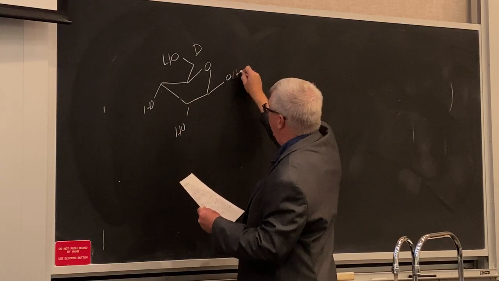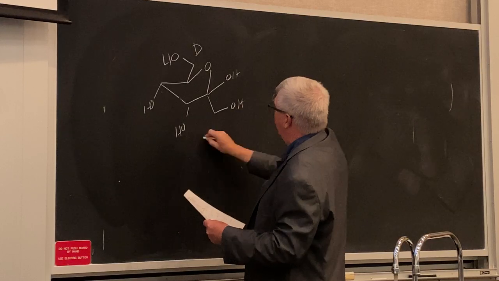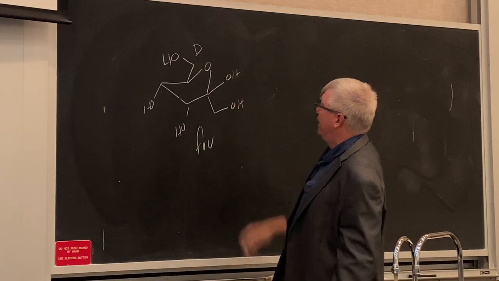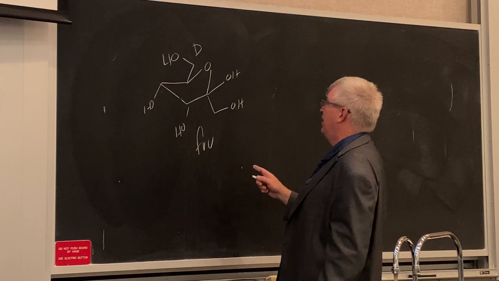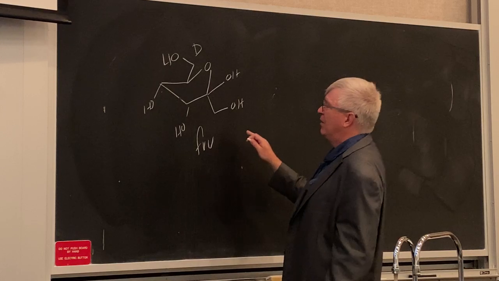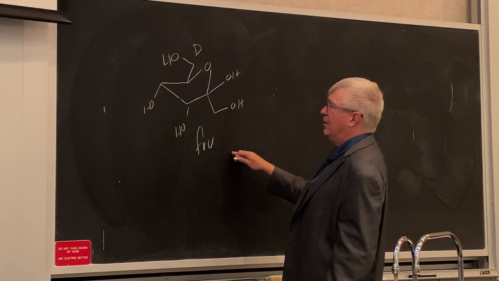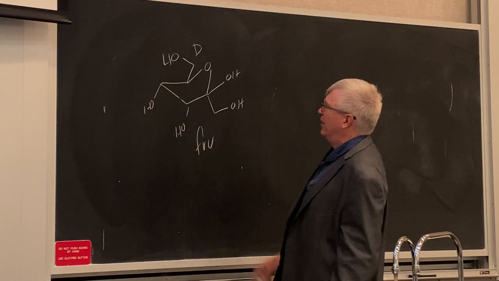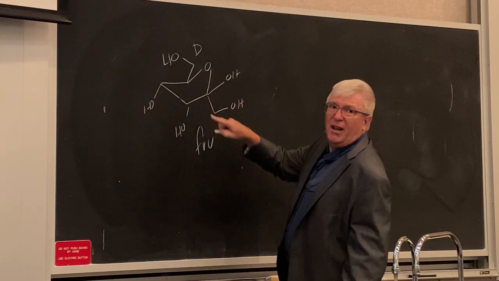This should be fructose, right? We've got the ketone at that position there, and then we have right. No, it is a different one. Right, left, right, left, right. Yeah, it is different there than fructose, which has that up right there.